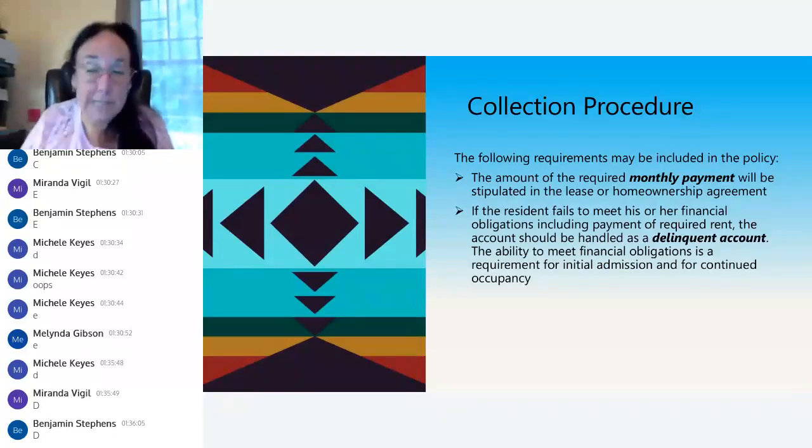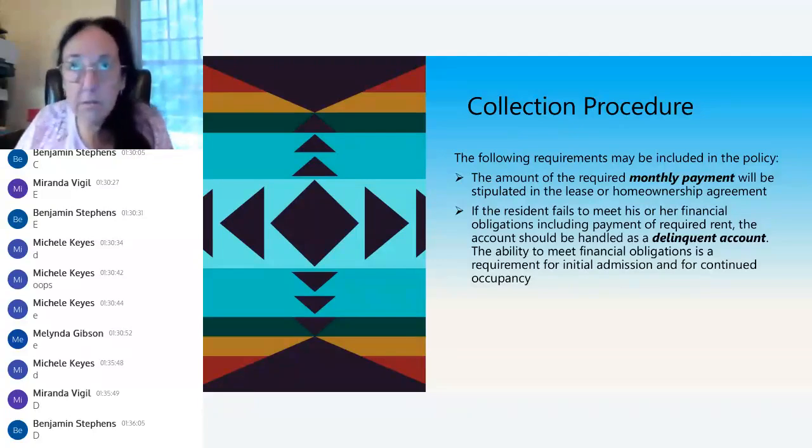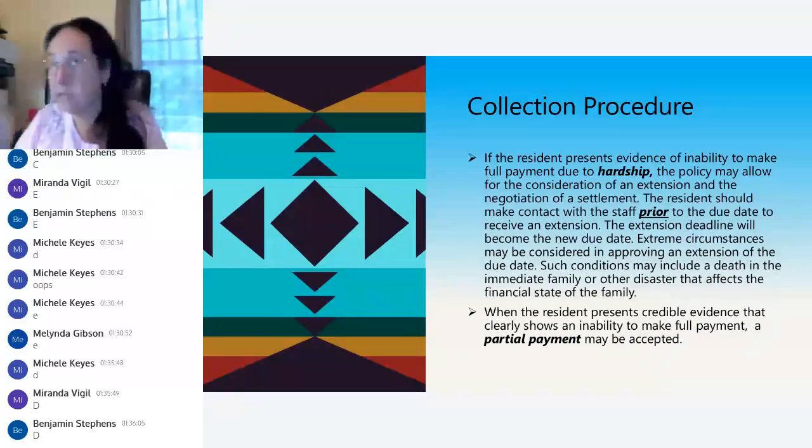The ability to meet those financial obligations is a requirement for initial admission and for continued occupancy. Small late fees, $15, $20, $25, work wonders. It'll make them pay more timely.